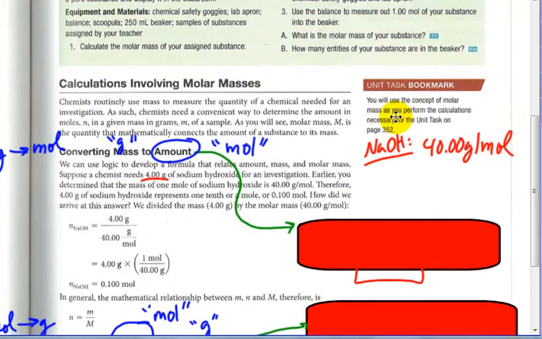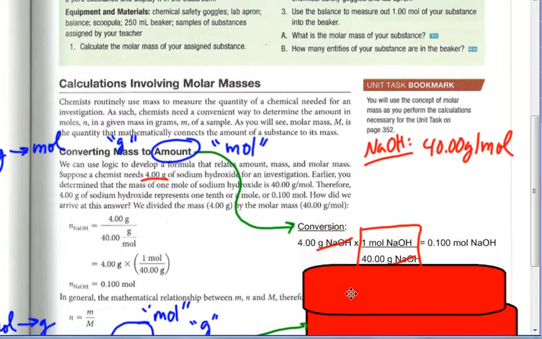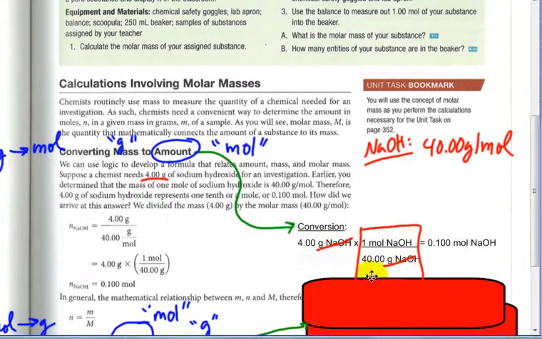Earlier we found that sodium hydroxide is 40.00 grams per mole, so changing grams into moles, we are multiplying by that factor, 1 mole over the mass. If you recall, this can be illustrated as 40 grams over 1 mole or 1 mole over 40 grams. It all depends on what we're trying to find out.